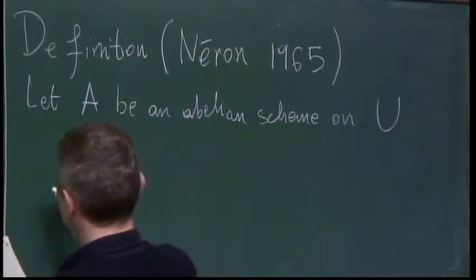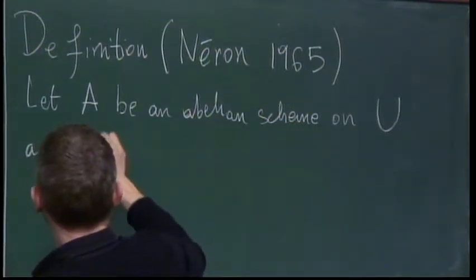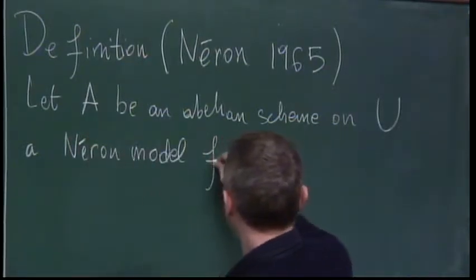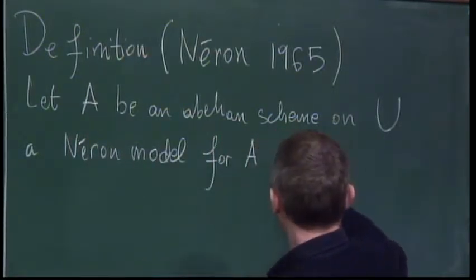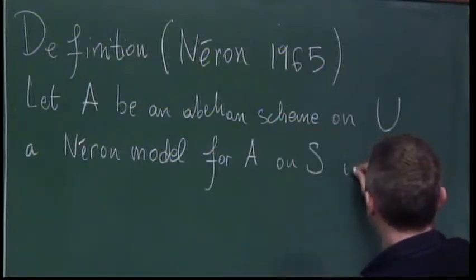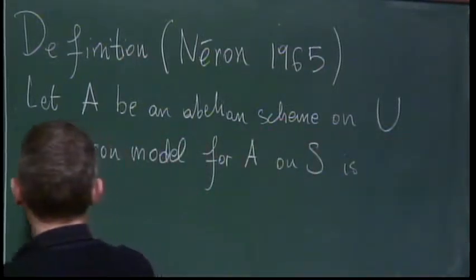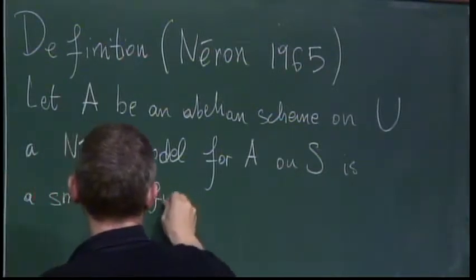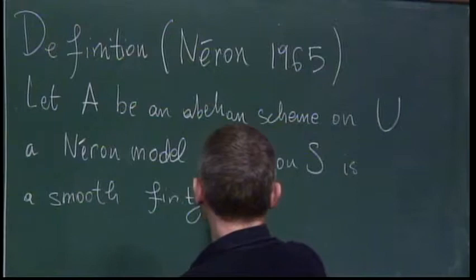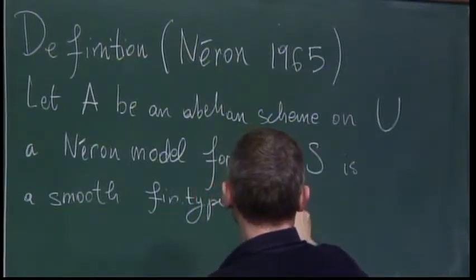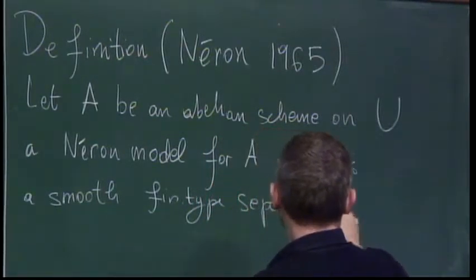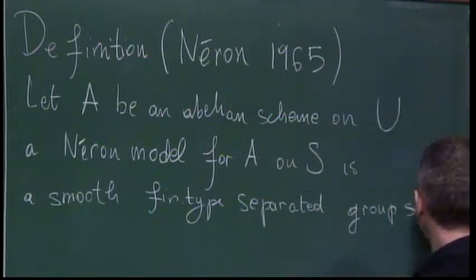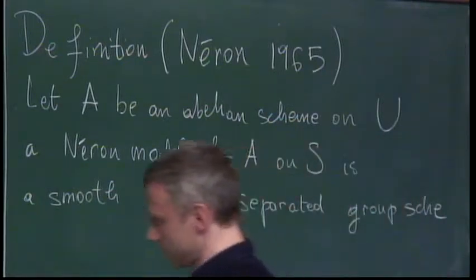And a Néron model for A on S is a smooth, finite type, separated group scheme N on S. Although you will see straight away that I could suppress these two words.